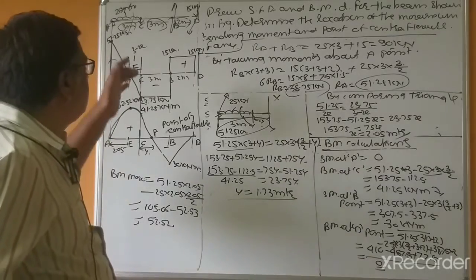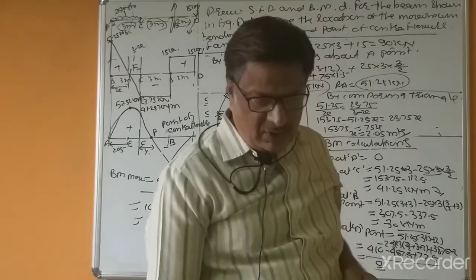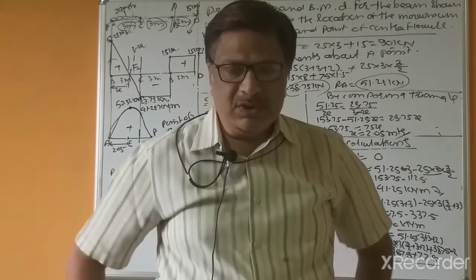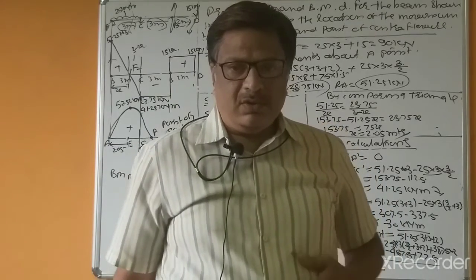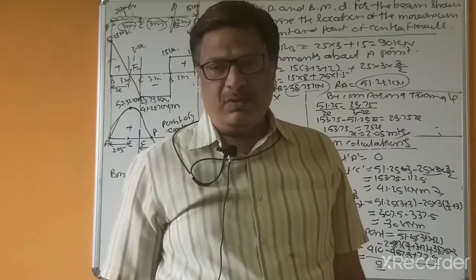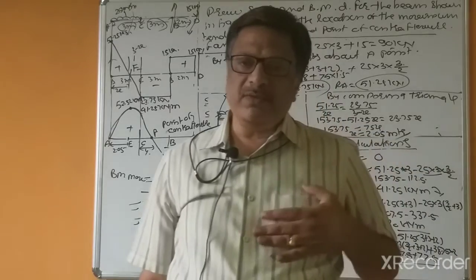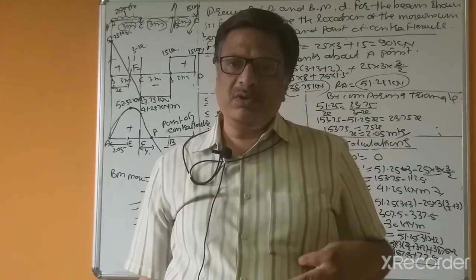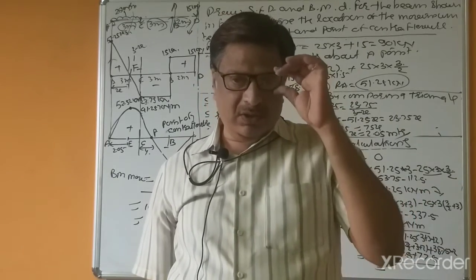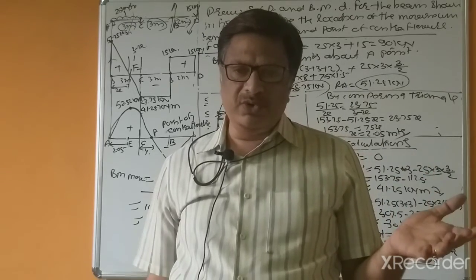So this is the solution of this simply supported beam with overhanging. Now you have studied problems related to shear force and bending moment diagrams for simply supported beams with concentrated loads, with uniform distributed load, and with varying loads, and problems related to simply supported beams with single-sided or both-side overhanging, with concentrated loads and uniform distributed loads.